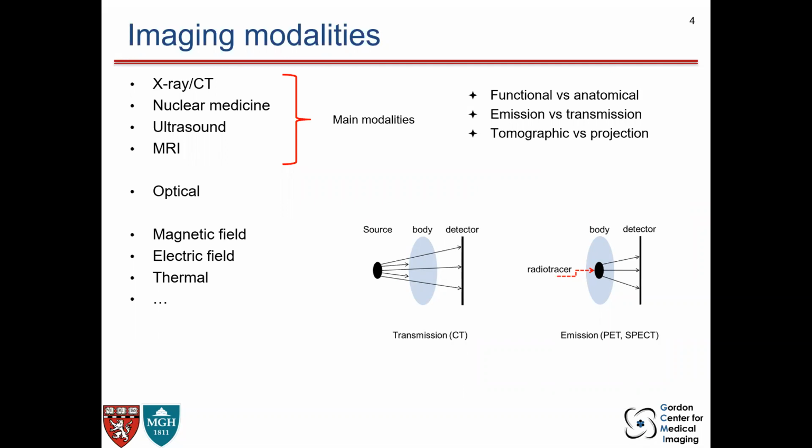emission-based systems, we have the radiotracers injected into the patient, and then the detectors detect the gamma rays coming from within the human body.